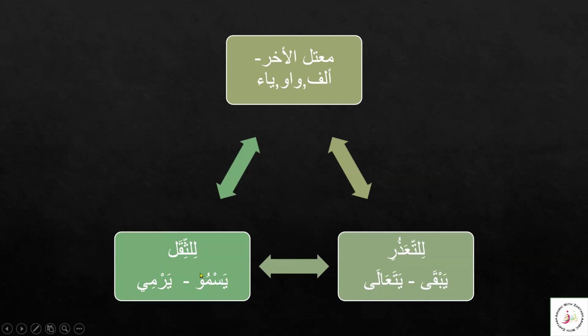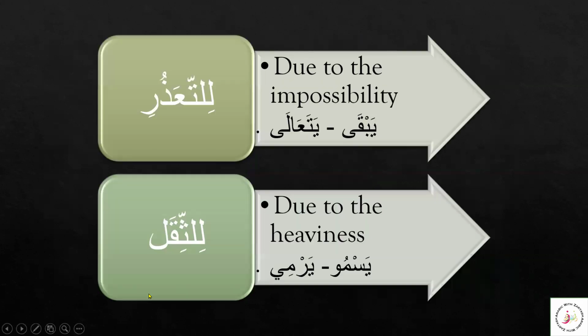Lissakal can only be found when doing the i'rab for waw or ya, when a word ends with the waw or the ya. Lita'azzur is due to the impossibility, yabqa yata'ala. And lissakal is due to the heaviness, like sakal, a word you have seen in the Quran as well.